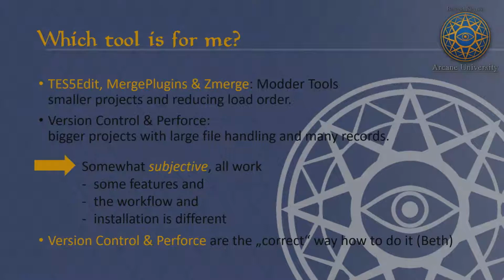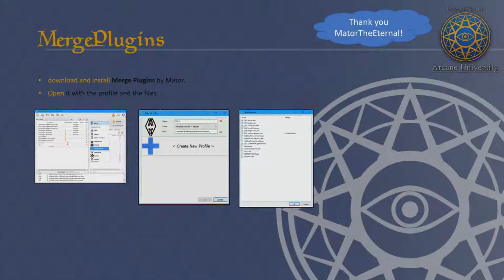So I was mainly using the other three tools and predominantly Merge Plugins, but that's because I have a very old setup here, and I've done this for a long time with a very stable system. But we are going to move forward now as well into Special Edition. So take it with a grain of salt, but this workflow is definitely established. So if you ever need this as a plan B, there you go.